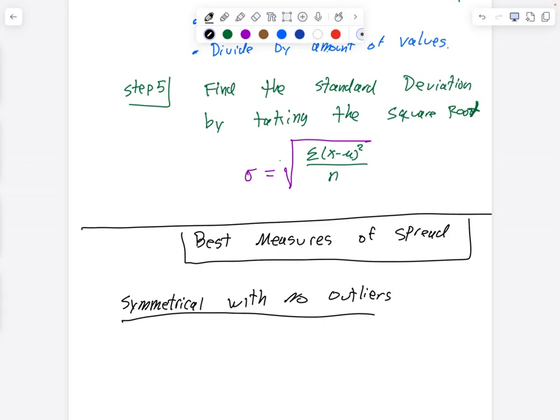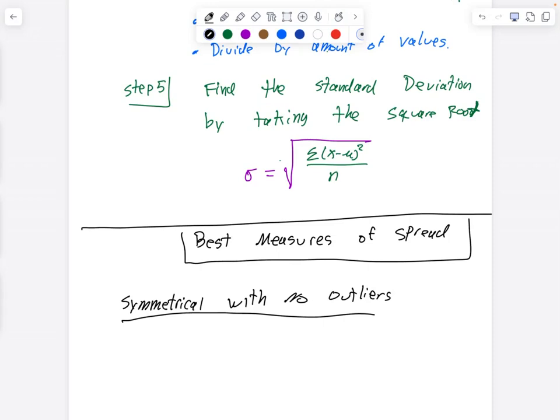Skewed with no outliers. What are you going to use? I'll put 2 dots here to give you a hint. If it's skewed with no outliers, what are we going to use? Well, that's what we use for center.